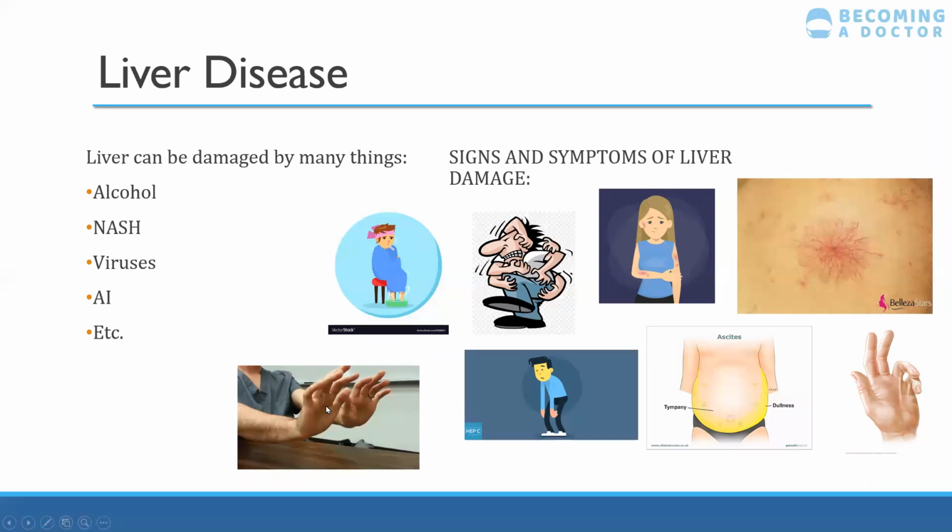What is NASH and AI? So NASH is non-alcoholic steatohepatitis. This is mainly inflammation of the liver due to the diet that people follow, so it's linked with obesity. And AI is autoimmune hepatitis.